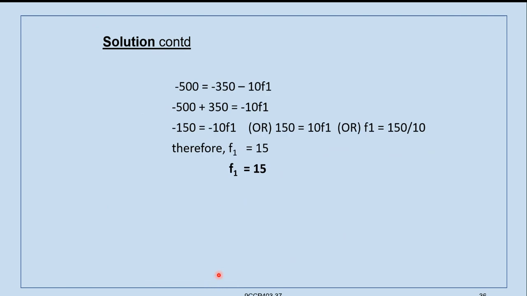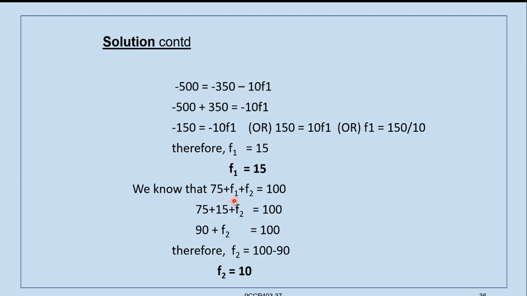Minus 350 is taken to the other side, so 150 is equal to 10f1. F1 is equal to 150 by 10, so f1 is equal to 15.